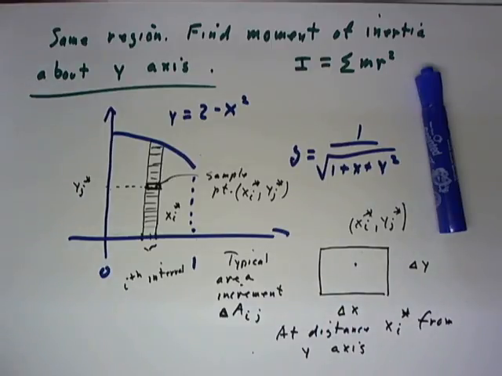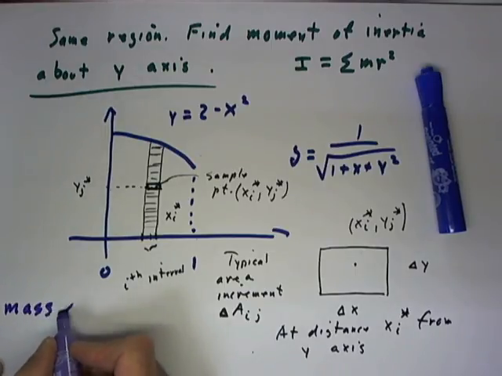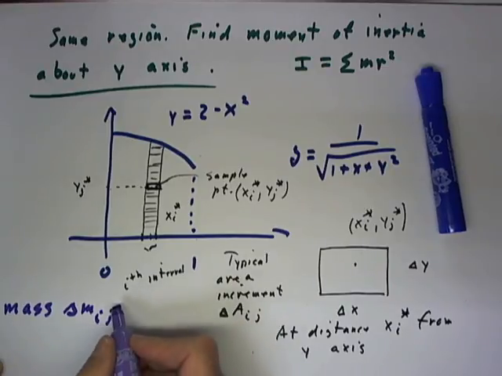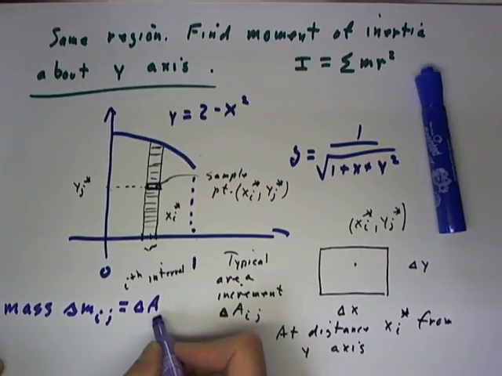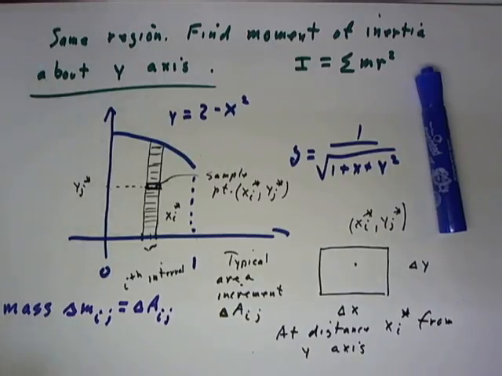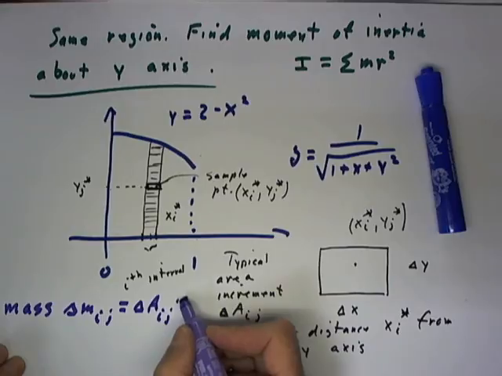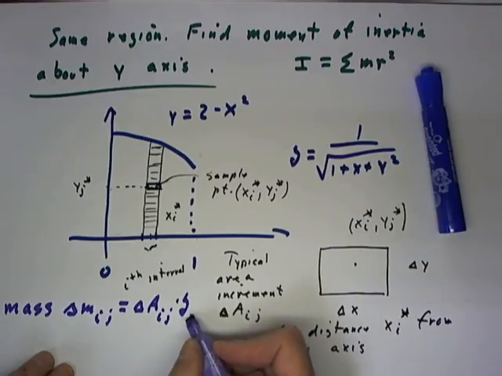The mass of this interval is delta m sub ij, which is equal to the area of the interval multiplied by the density, and we'll say density sub ij.